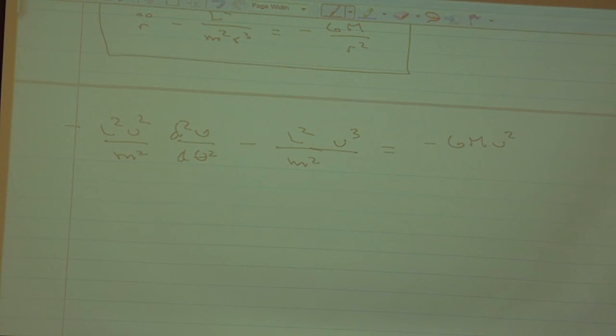So this is the same thing as d²u/dθ² plus u is equal to G M squared over L squared, if I just sort of move all the terms around.